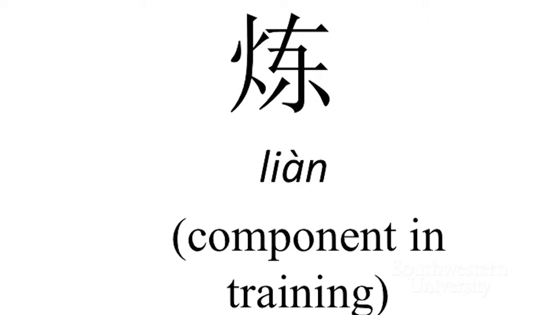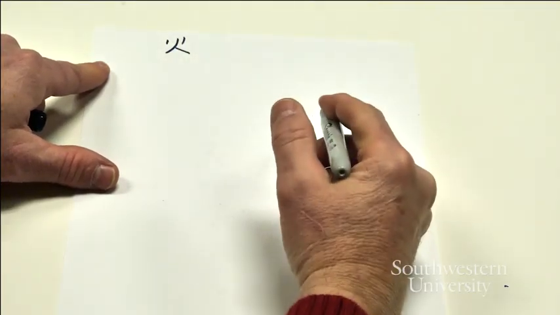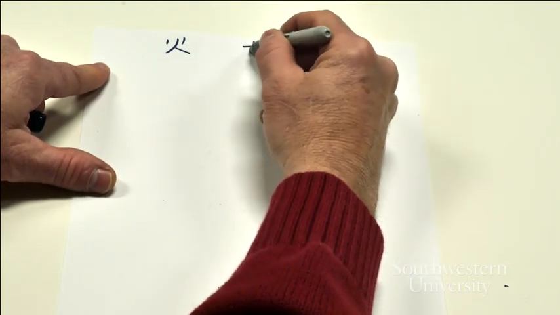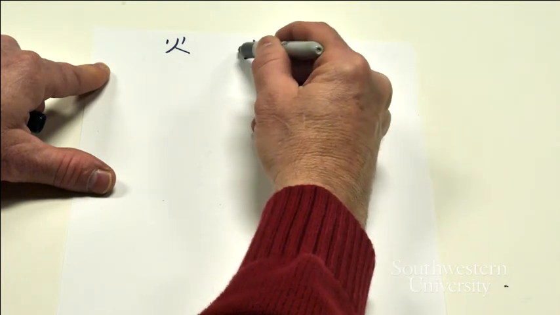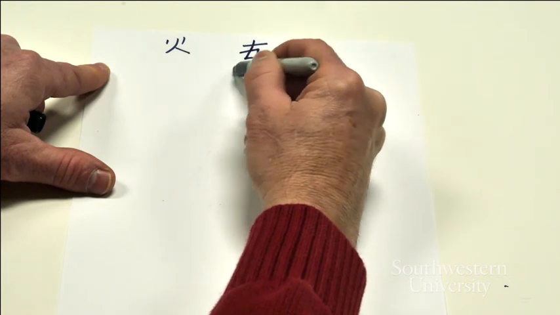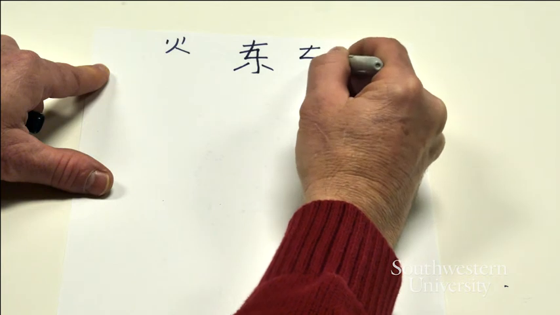Lian also refers to smelting things, forging things. We have huo, fire, as the radical, and then we have this that we've seen before in lianxi, and then this central part crosses over. So it's not the same as the other; see that?